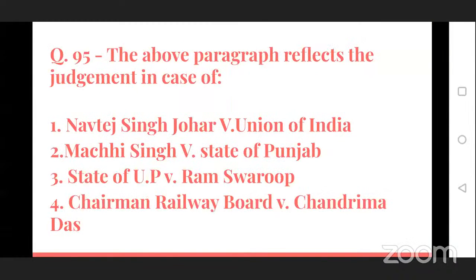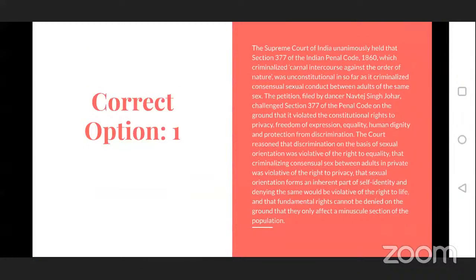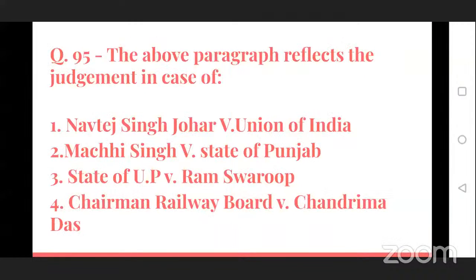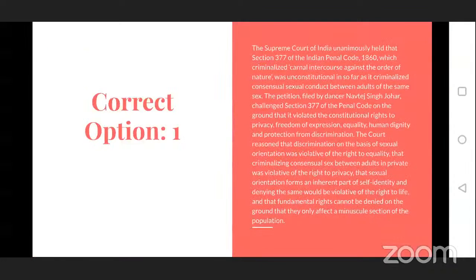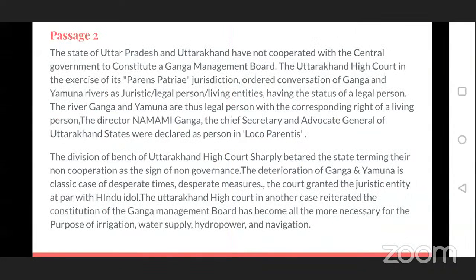Next question is, the above paragraph refers to judgment in the case of Navtej Singh Johar versus Union of India, Machhi Singh versus State of Punjab, State of UP versus Ram Saroop, Chairman Railway Board versus Chandrima Das. So the correct option we already know, that is option number 1, Navtej Singh Johar versus Union of India. So these were the questions asked from passage number 1.